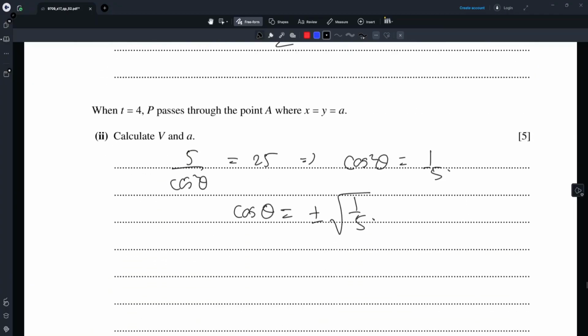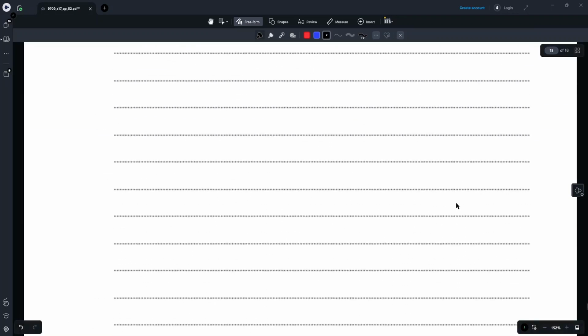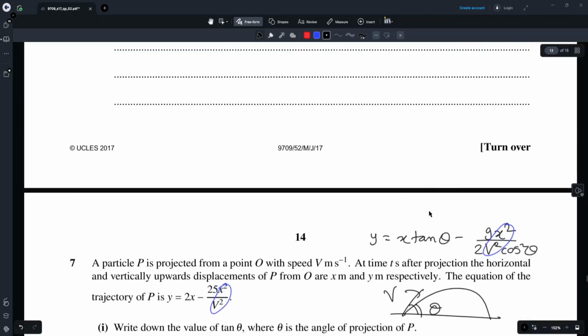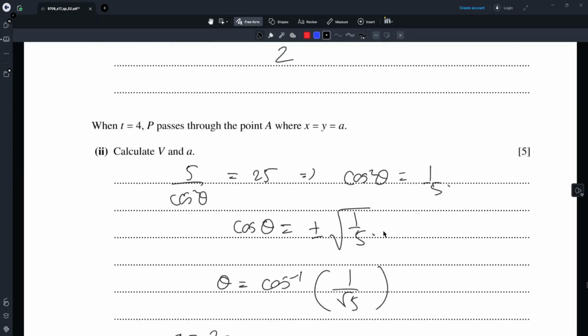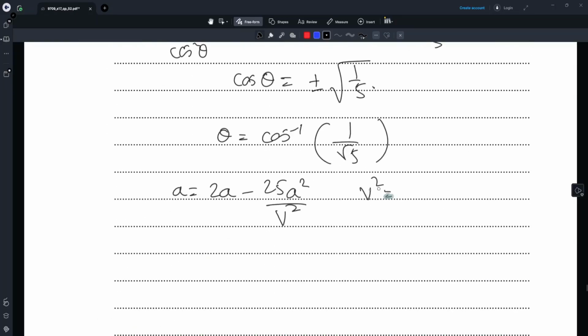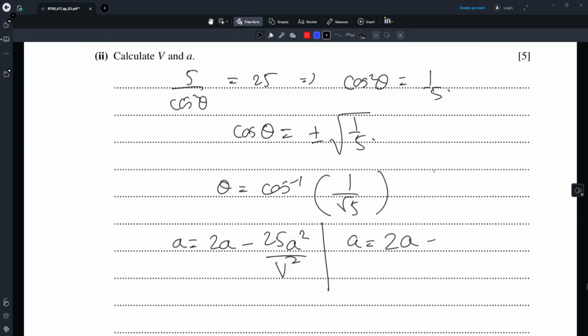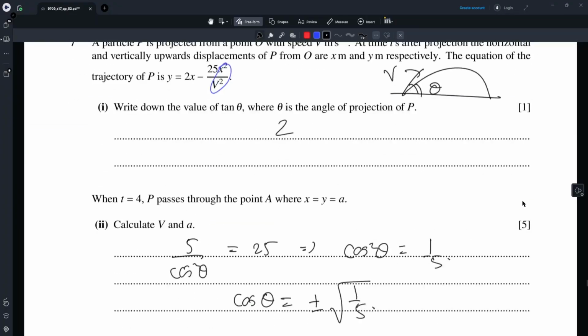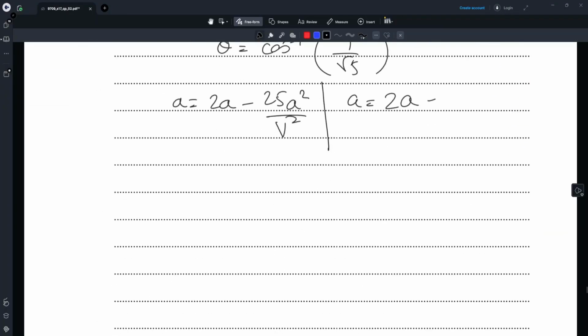So as a result, we assume theta equals cos inverse root 1 by 5, or 1 by root 5, whenever we need it. Now if I had this adjusted, then going back to this equation, we have a equals 2a minus 25 a squared by b squared.